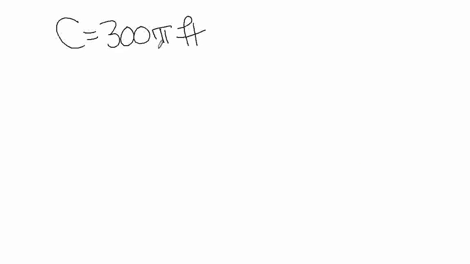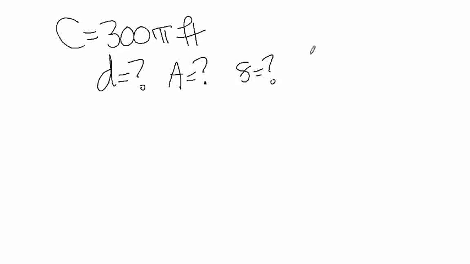Just using that measurement, could you tell me what the diameter was and what the area of that circle was, and also the length of an arc that had a corresponding central angle measure of 10 degrees? So pause the video and work that one out, please, if you can.